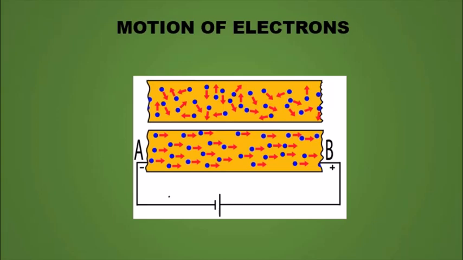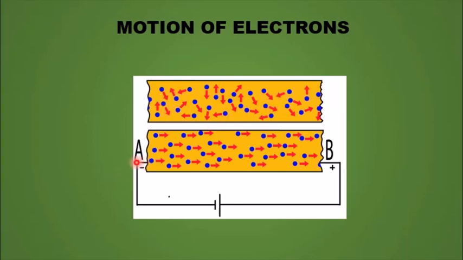Now what happens is, in the start, when the wire is not connected to any electrical wire, inside the metals there are many free electrons. These free electrons are moving in random directions.